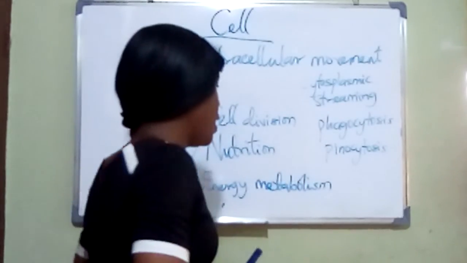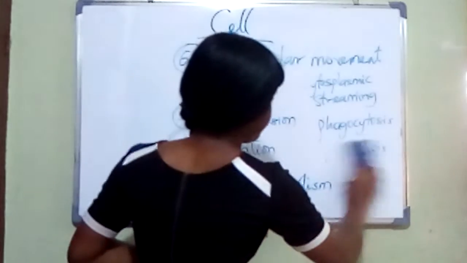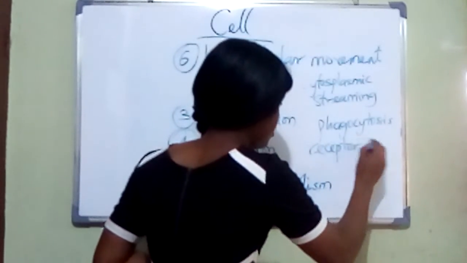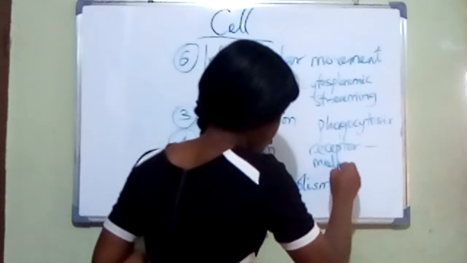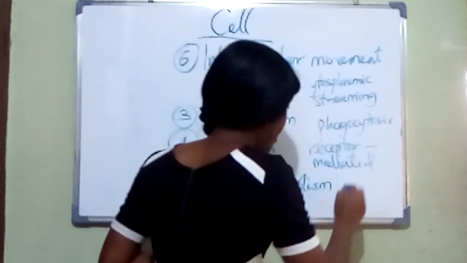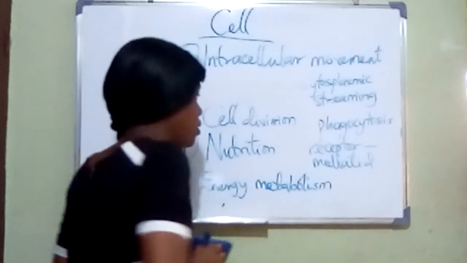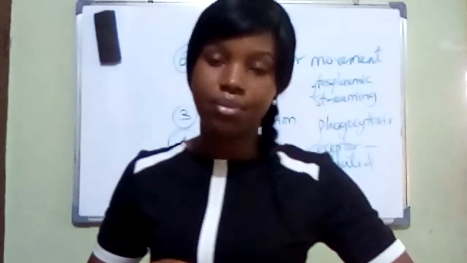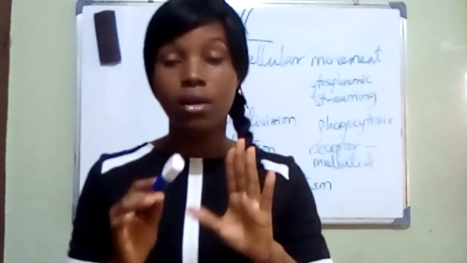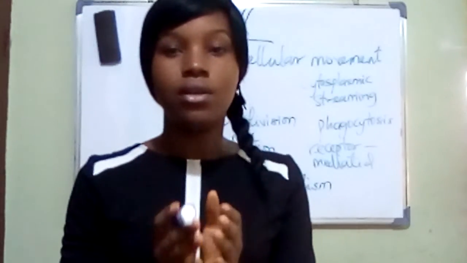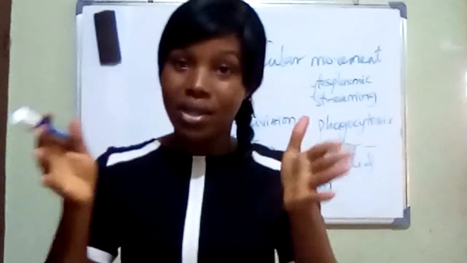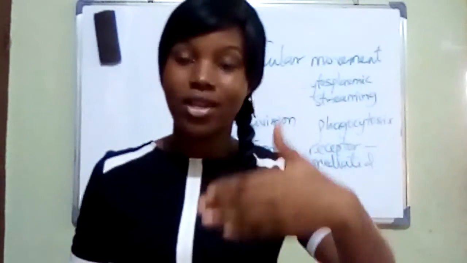So next, I have receptor mediated endocytosis. Here, special or specific receptors on the cell membrane, or on the surface of the cell, trap or bind to specific substances and transport them through the cell membrane into the cell.